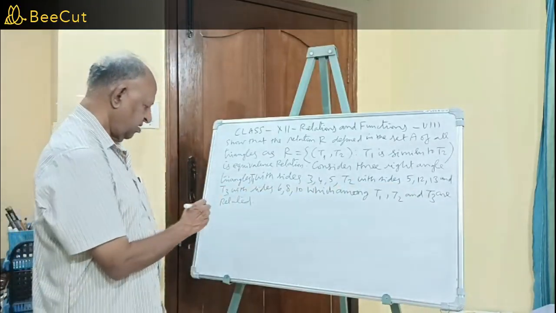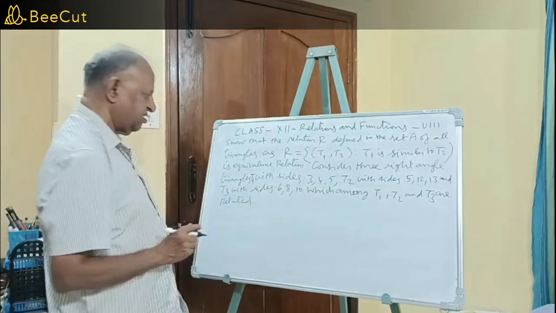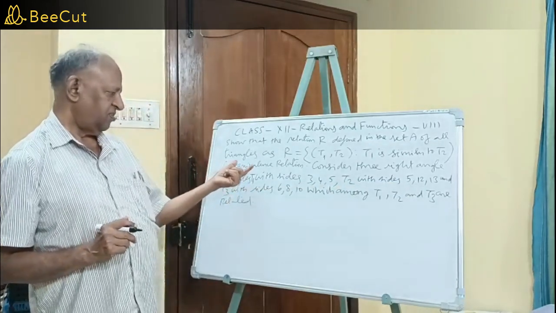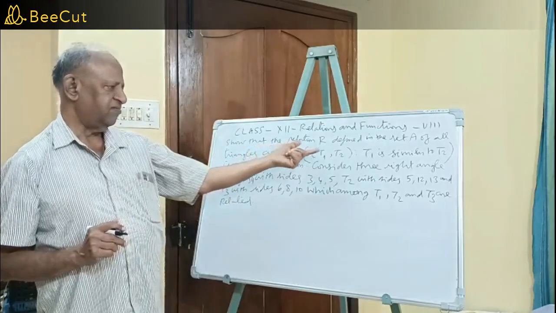First we have to prove equivalence relation for R equal to (T1, T2).